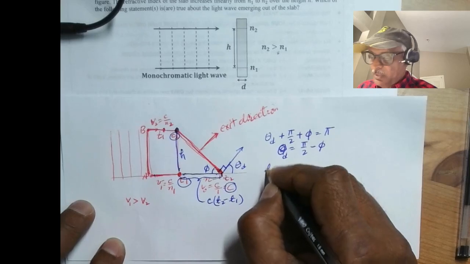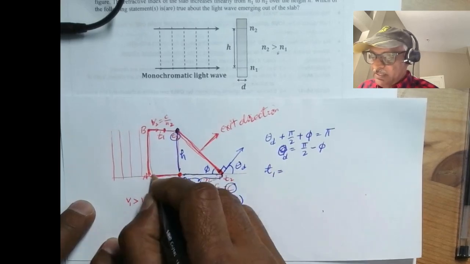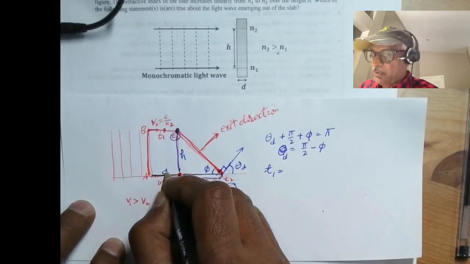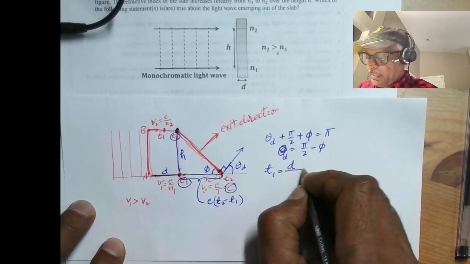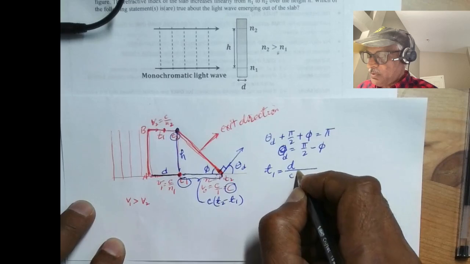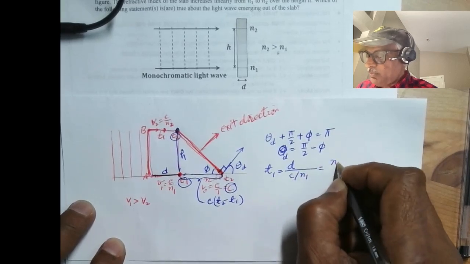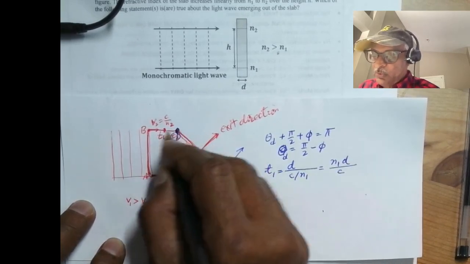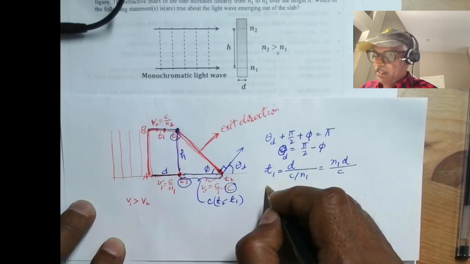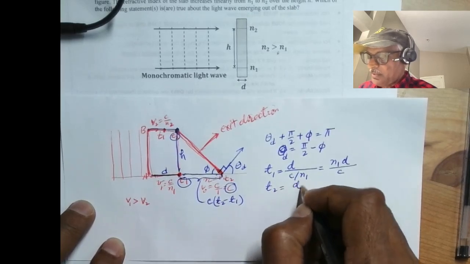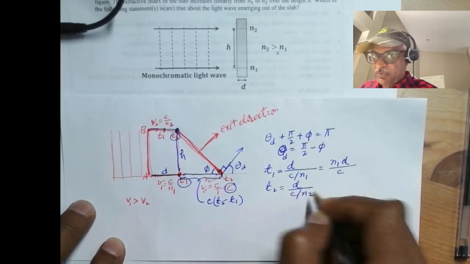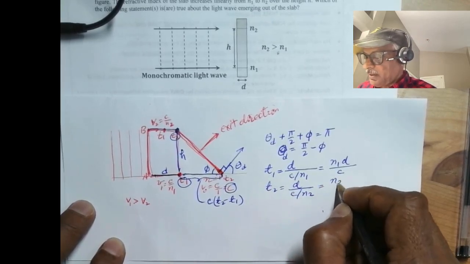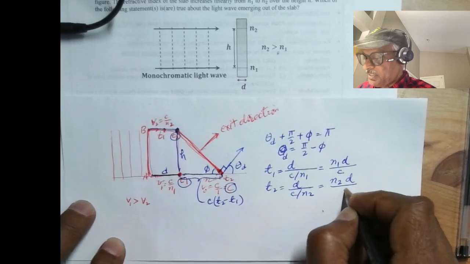So what's t1? This is a distance d it has to go, but it went at a speed c over n1, so t1 is n1 d over c. T2 is when this guy arrived: d over c over n2, so this is n2 d over c.